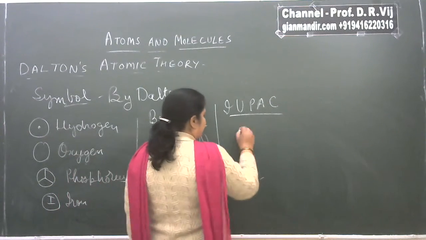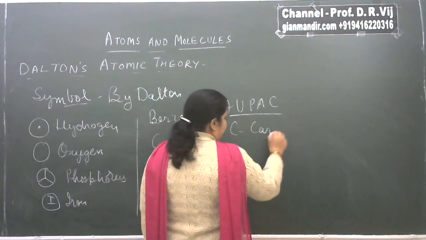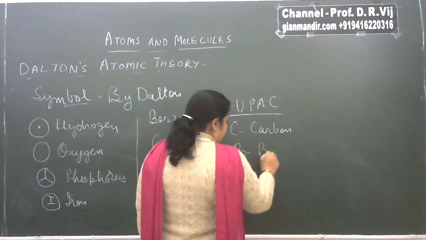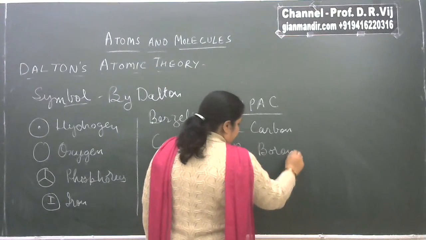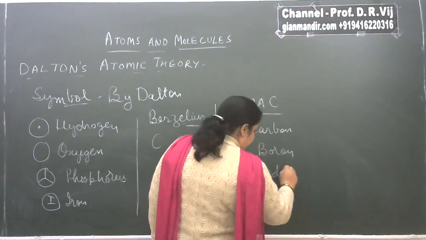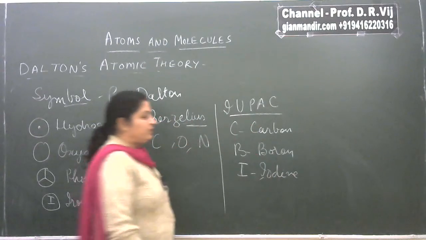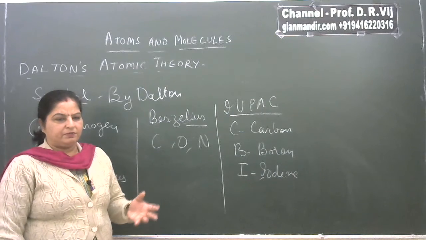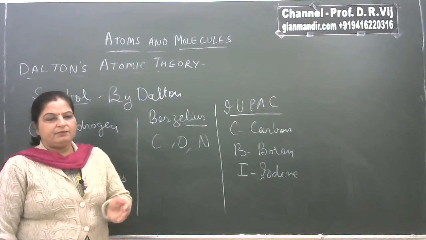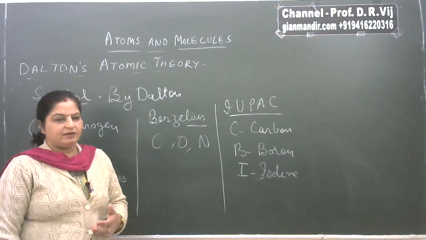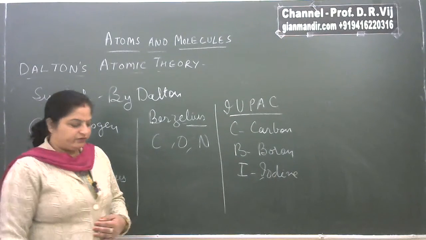For example, for carbon it is C, for boron it is B, for iodine it is I. And if two elements share the common initial letter, then their second, third or last alphabet is put as the symbol.